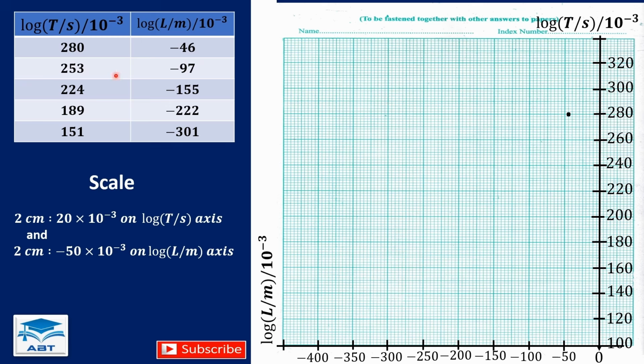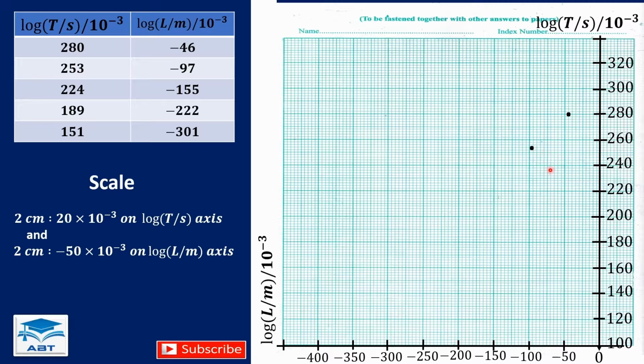For the next point, we have 253 on the vertical axis. This is 240. The middle of 240 and 260 will be 250. One box is 2, so 252, and 3 will be in the middle of the next box. And negative 97, this is near negative 100, so negative 97 will be around this place.